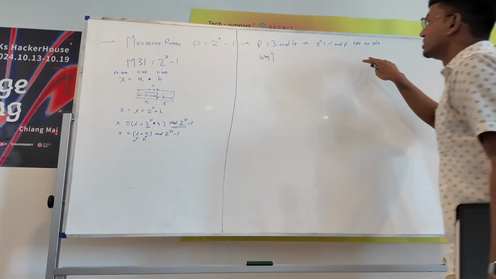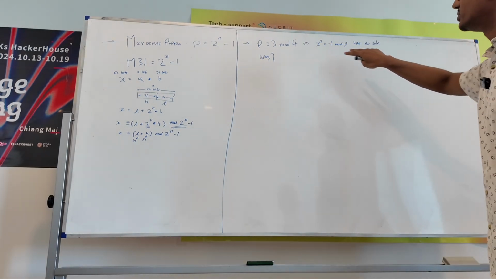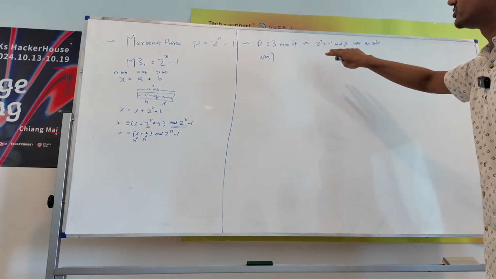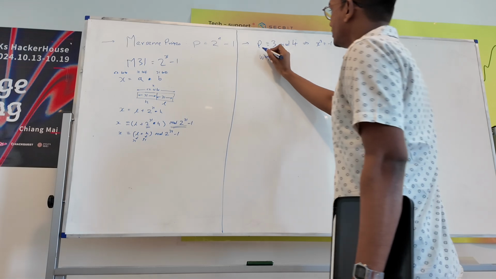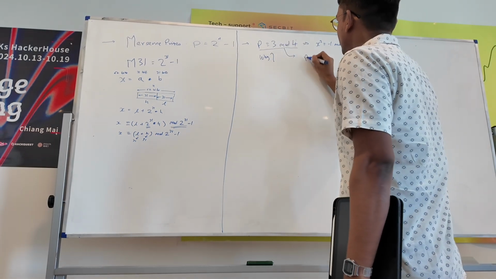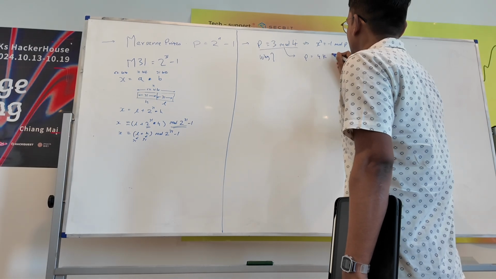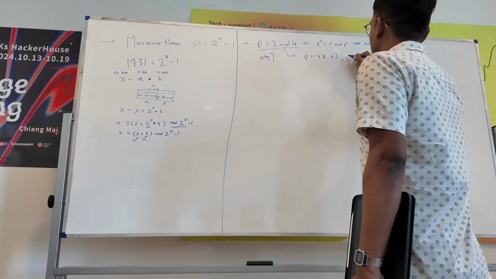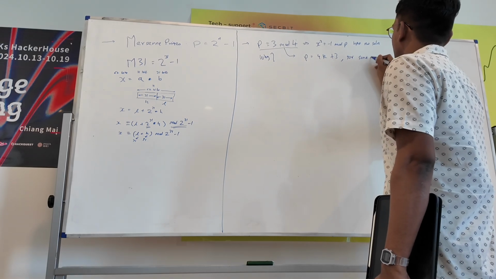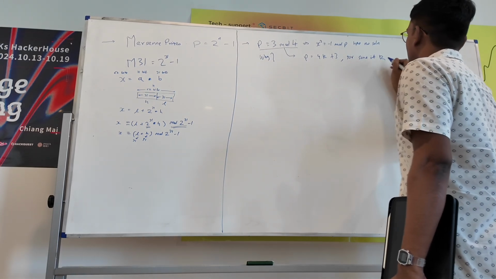So you could actually prove this using proof by contradiction. So you can write p as being of some form 4k plus 3 for some integer k.